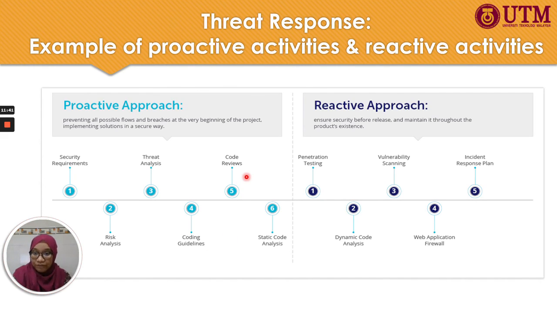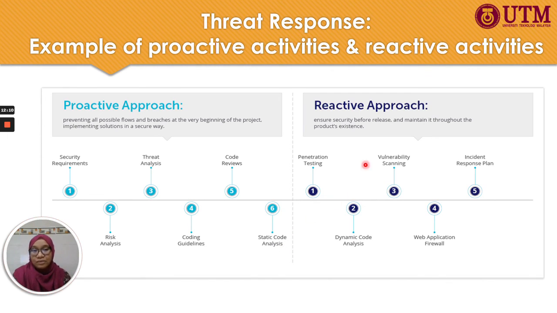And you do the code review, because without a proper code review, malware or any attacks can be injected into your code and become a virus later. It can easily attack your whole operation. And then we also do the static code analysis.